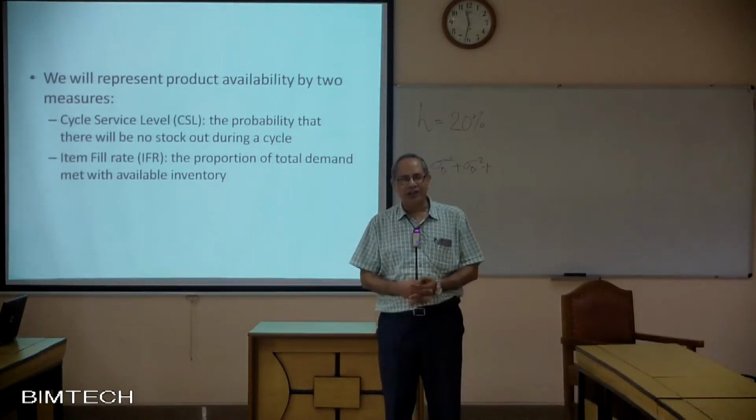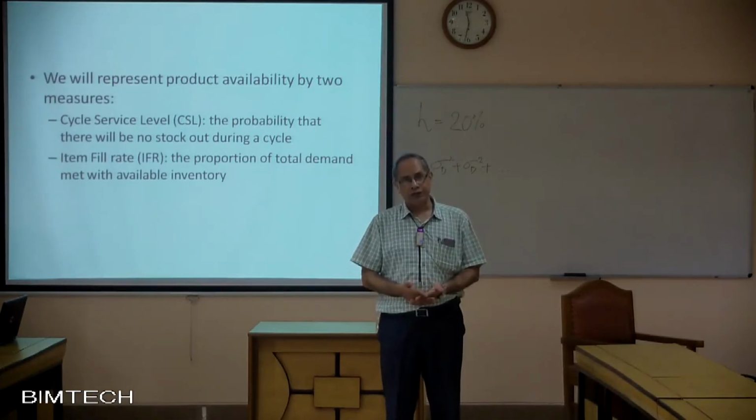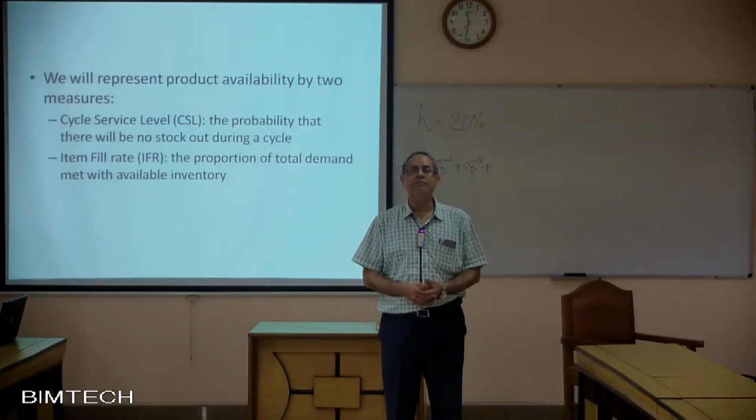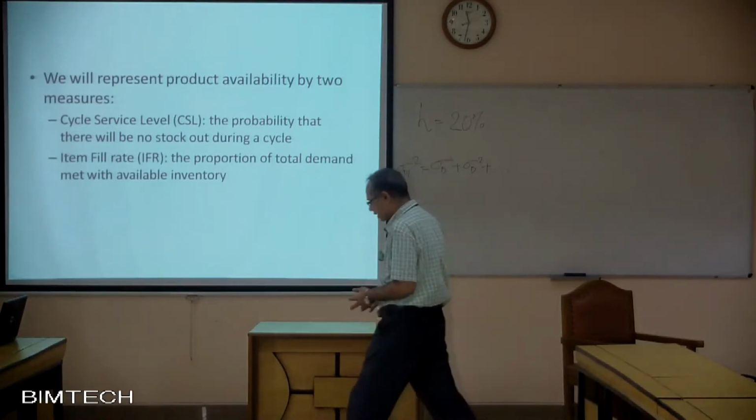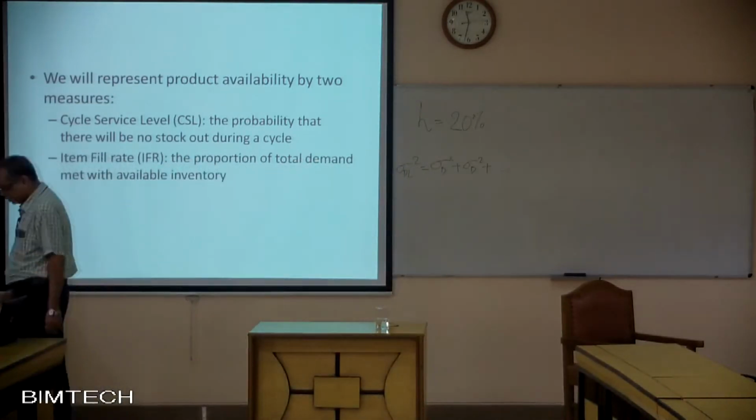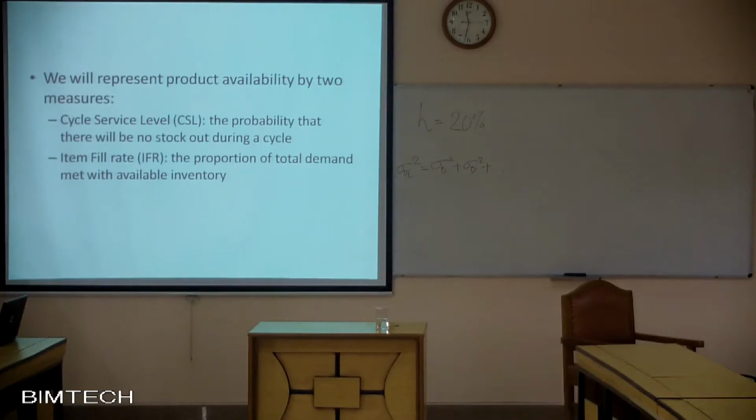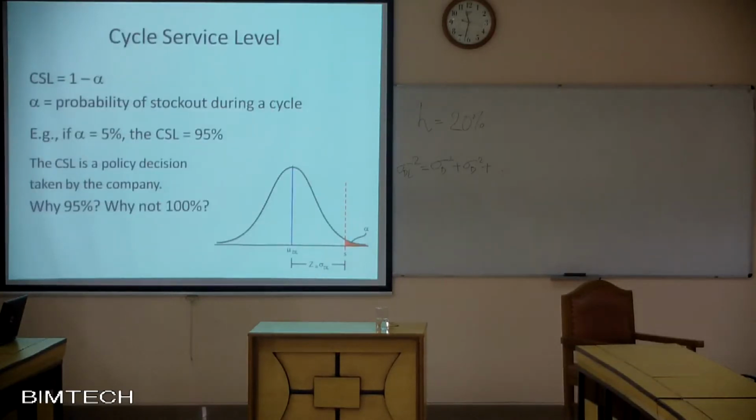Are we meeting 95 of 100? Probably. So if we are meeting 95 out of 100 of the total demand, then we have an item fill rate of 95%. Okay, like I said, let's understand these in greater detail. I will soon show you an example.